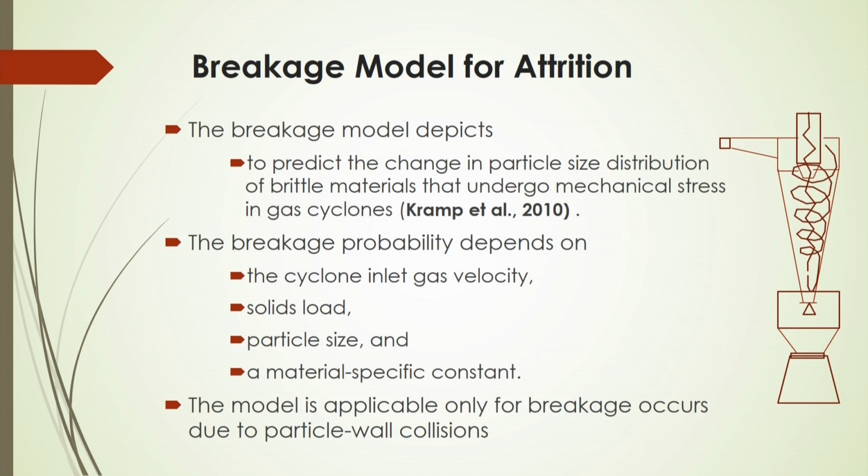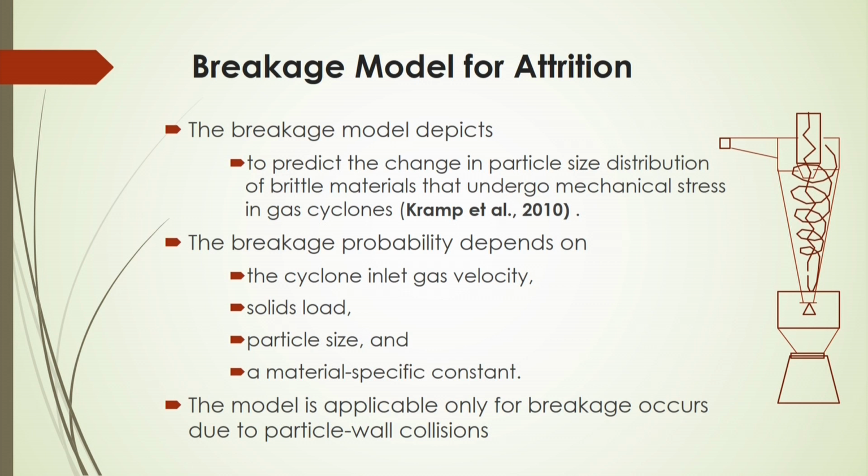In the breakage model, during attrition the size of the particles will be reduced, and we ask what the particle size distribution should be at different operating conditions if different types of materials with different properties are considered.